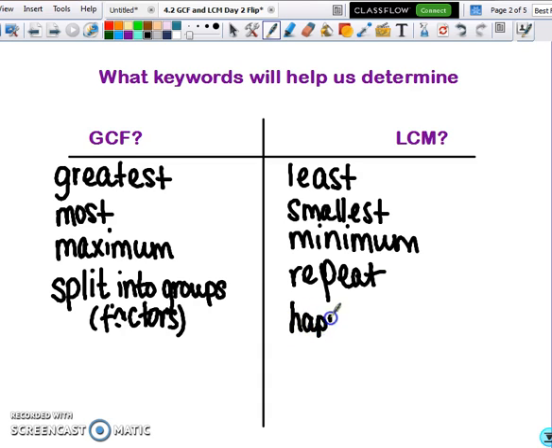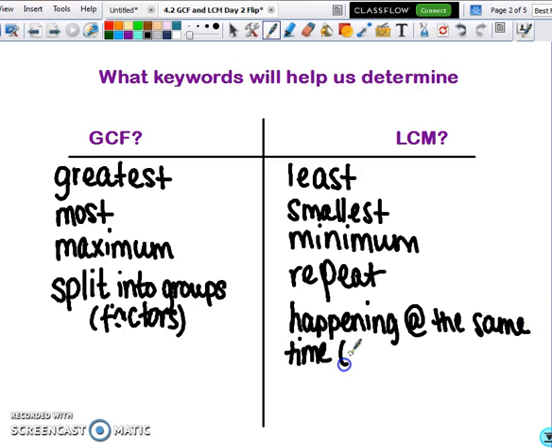I call this the every problem, because a lot of those problems will have the word every, and then every again. It happens this day and then every other day.